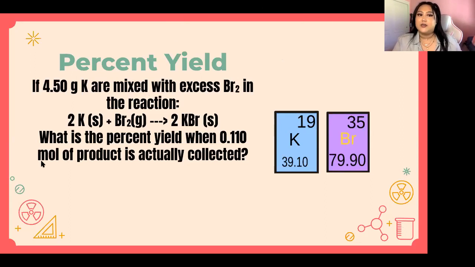Since this is giving us the number of moles, we can convert that into grams. And it only says product because there's only one product.